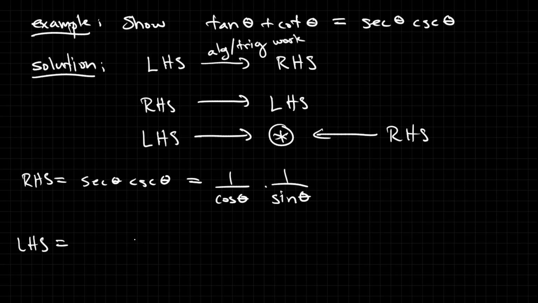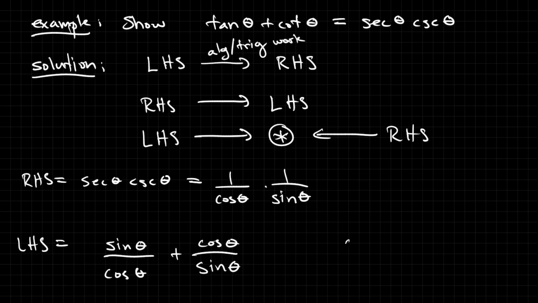Now, as you're doing these problems, there's no shame in starting with a side, doing some work, and then saying, I don't really see how this is going to work out, and then starting over with the other side. So let's see, tan theta plus cotan theta. So I'm going to use the tool in my toolbox of rewriting tan theta and cotan theta as sine theta over cosine theta and cosine theta over sine theta.